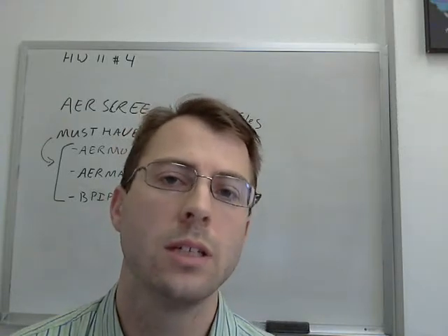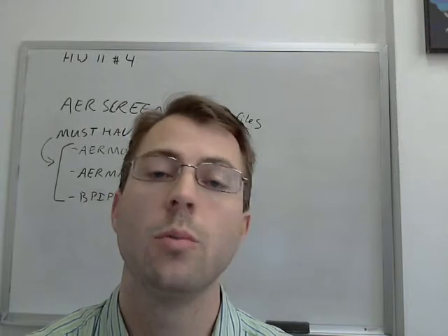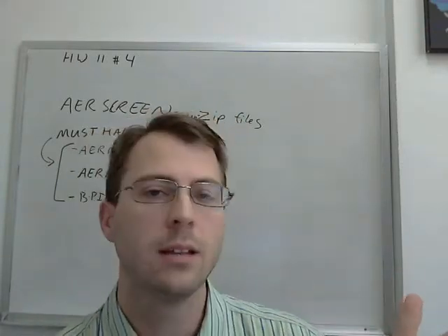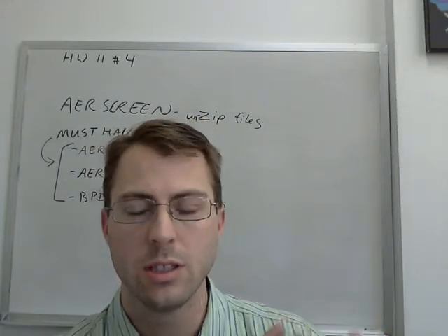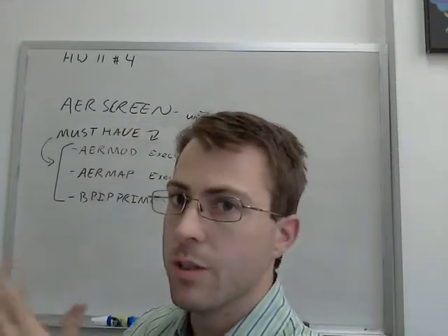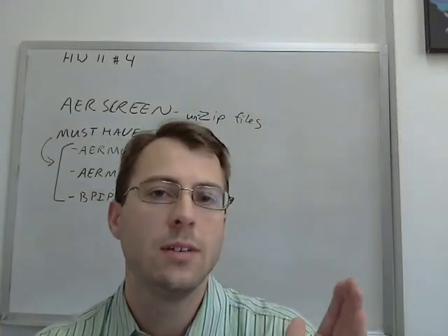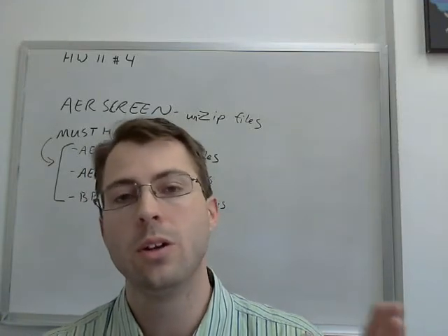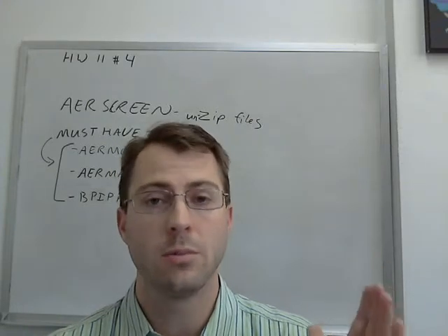Get familiar with using this, because on the final we're going to have a question that will be similar to this, and it will probably ask you to calculate what the concentration will be under this set of environmental conditions, and then what will the concentration be under this set of environmental conditions, and then discuss how big of a difference, say wind speed or terrain type or albedo, makes on the observed concentration, the maximum concentration.